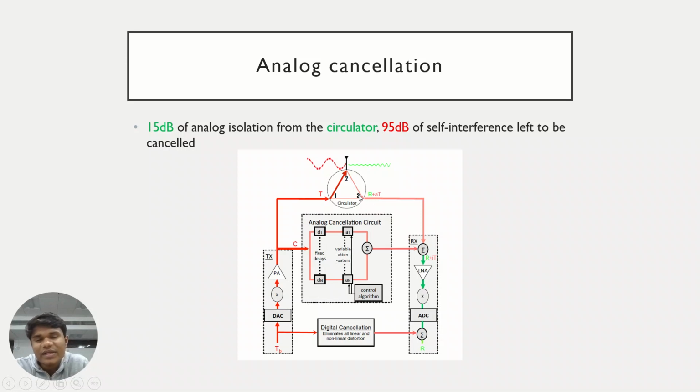It attenuates 50 dB of it. So, the circulator is providing us 15 dB of cancellation for free. Now, 95 dB of self interference is left to be cancelled thereafter.